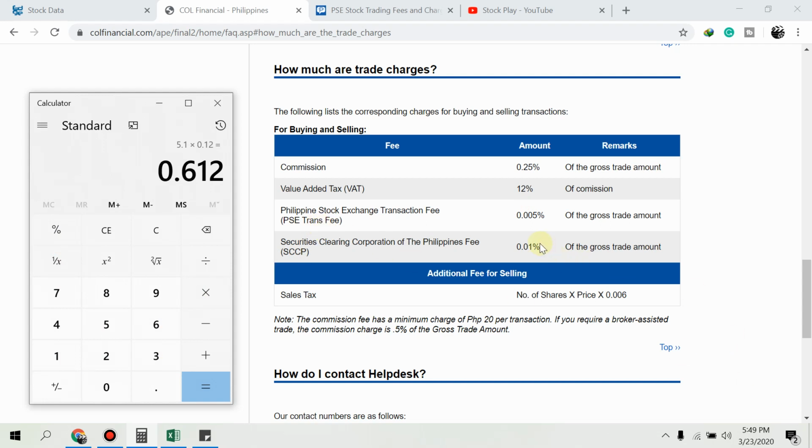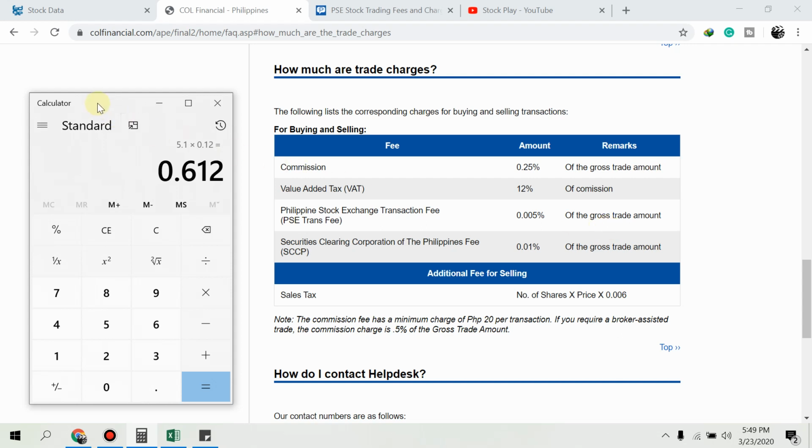Then, for number 3, we have PSE Transaction Fee, ano? So, it is equivalent to the gross trade amount multiplied by 0.005%. So, si gross trade amount, uulitin natin, price per share multiplied by the number of shares na bibili natin.